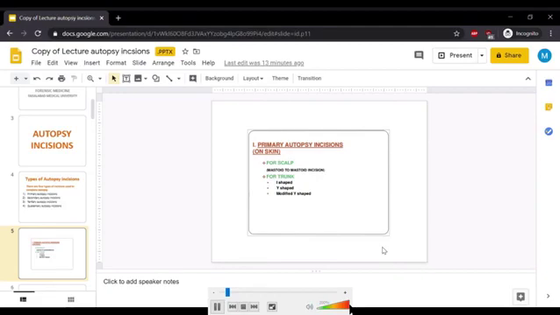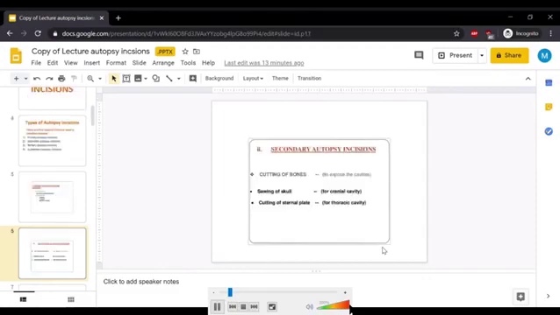For example, for opening the skull, we use the mastoid to mastoid scalp incision, or in case of the trunk, the I incision, Y incision, and modified Y incision. These are all primary incisions, in which we incise the skin or scalp.